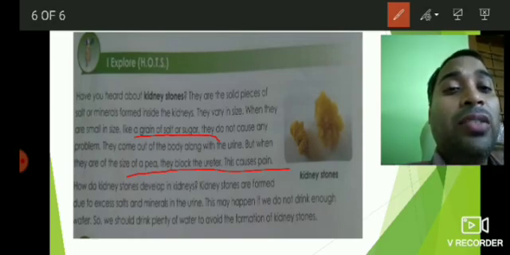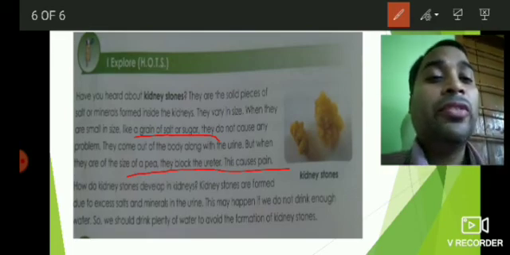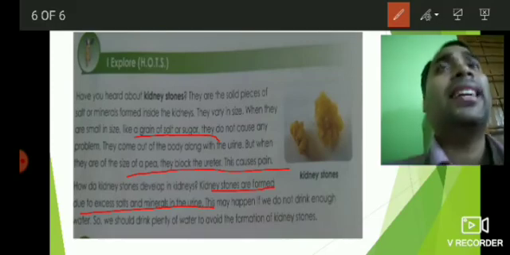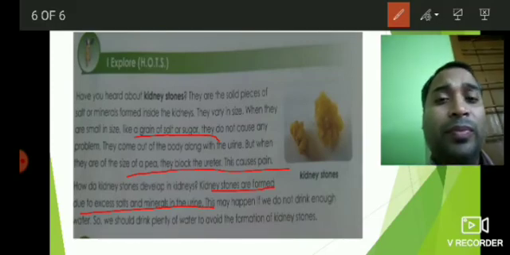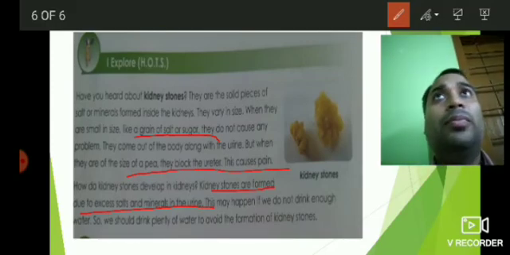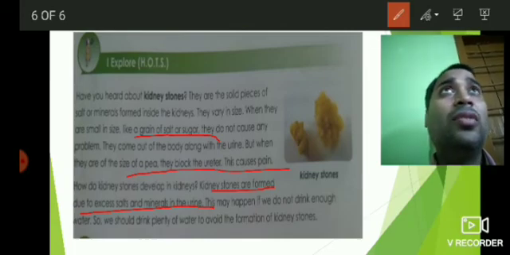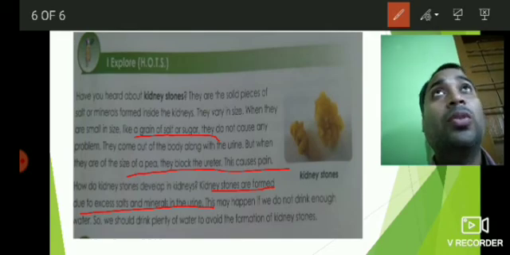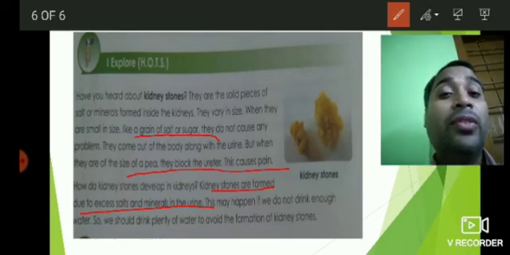So how do kidney stones develop in kidneys? Kidney stones are formed due to excess salts and minerals in the urine. So when excess salt and minerals are present in the urine, it generally leads to the formation of kidney stones. So this may happen if we do not drink enough water. So we should drink enough water so that these salts and minerals get expelled from time to time.